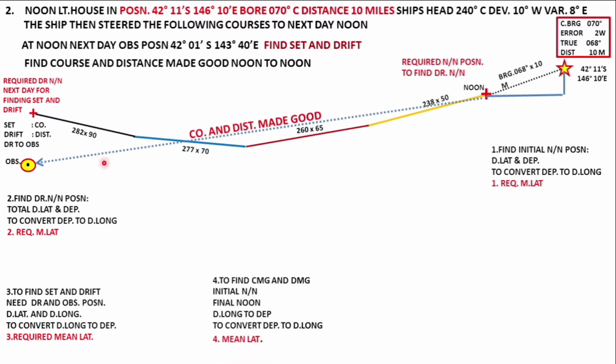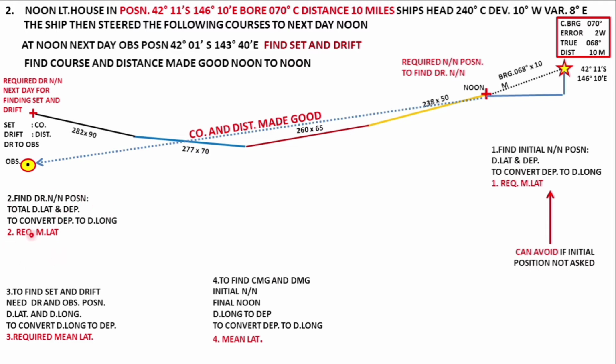Now to find out my course made good, again I use the initial position and final position, get my mean lat, convert my D long into departure, and then find out my course and distance. So if you notice here, I'm converting my mean lat and then converting my D long into departure.